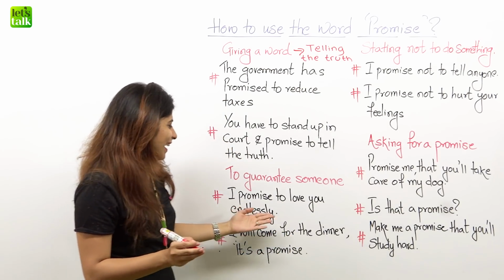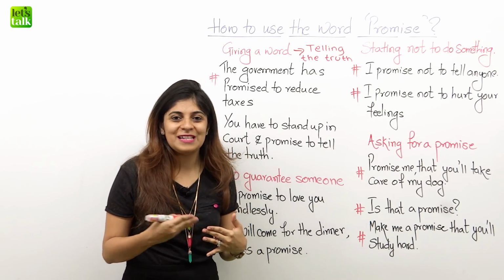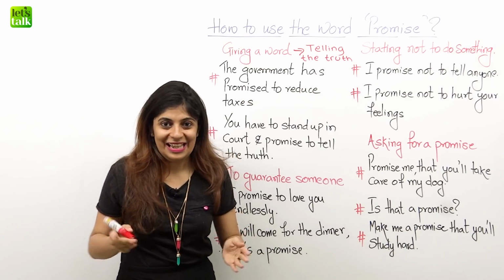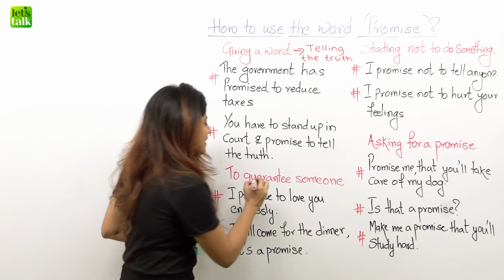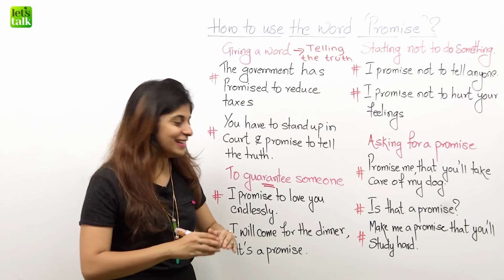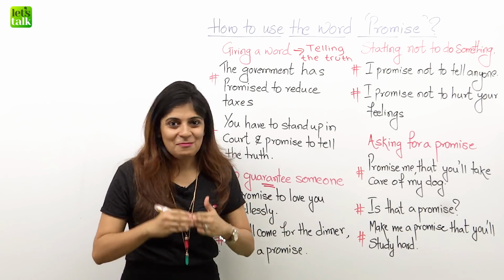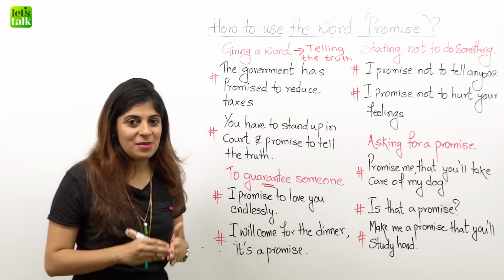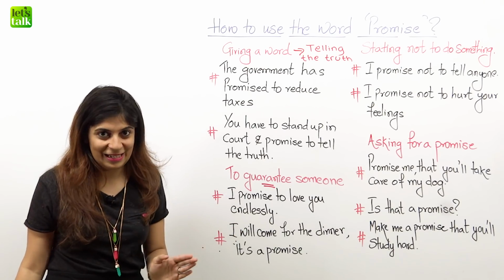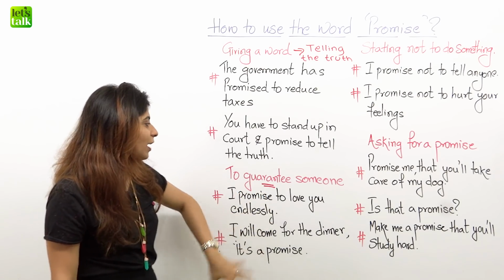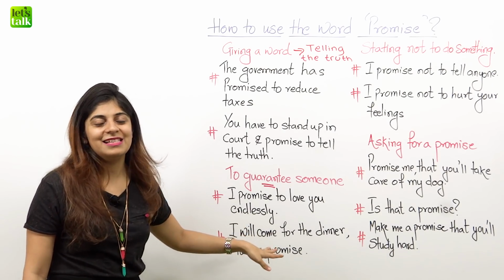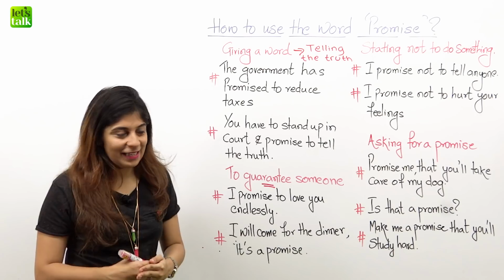So when a guy tells his girlfriend or his partner that I promise to love you endlessly, it means that he is guaranteeing her that, okay, honey, this is what it is. I promise to be with you. I promise never to leave you alone. I promise to love you endlessly, right? So when someone gives a guarantee, well, it means that he or she is promising.